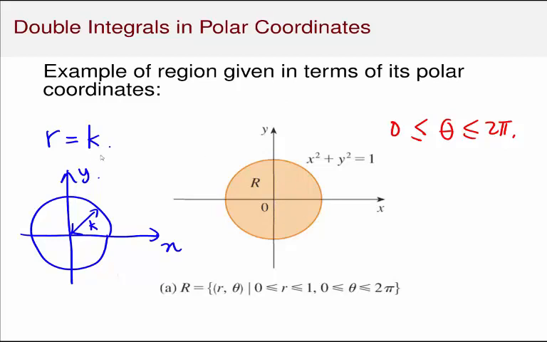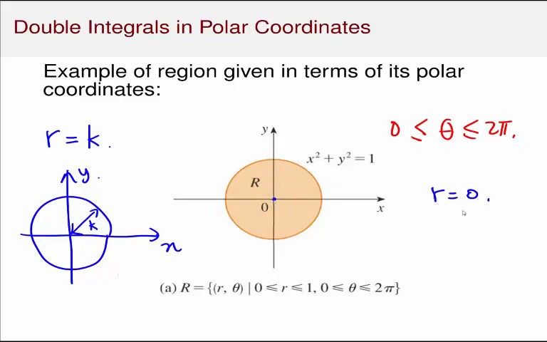In order to determine the range for r for the region here, we need to identify those circles that intersect the region. It seems that we have to start with the origin because the origin is contained in the region.